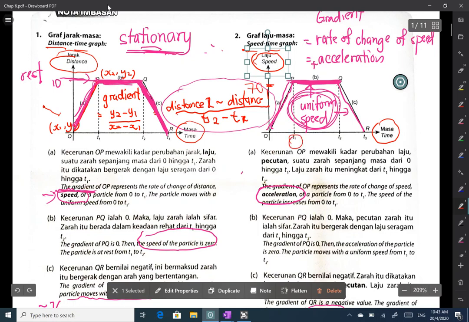From T1 to T2, we are still using 70 km per hour. So it is still moving but at the same speed, so we call it uniform speed.